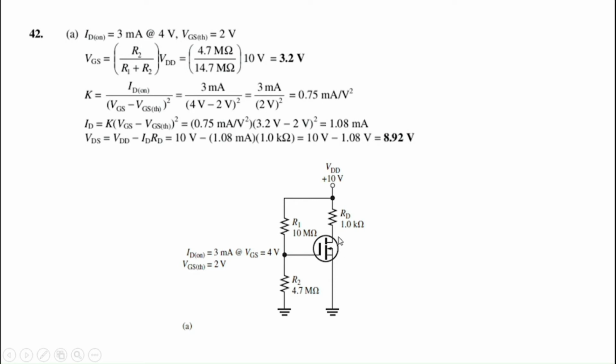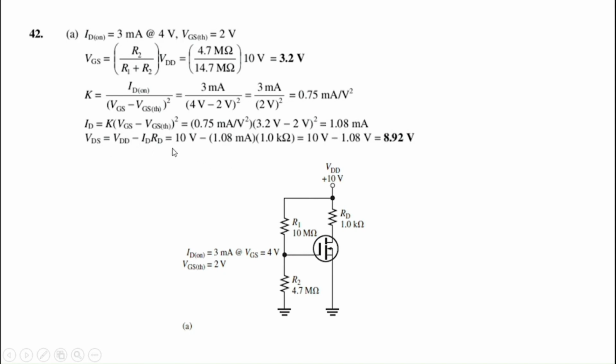Now our drain source voltage. To calculate our drain source voltage, we can subtract the drop across the drain resistance from the VDD. So our drain source voltage is equal to VDD minus ID times RD. We have already calculated our ID, so we can use this ID.